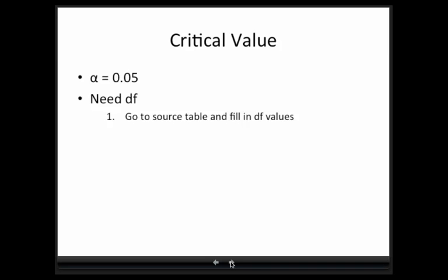The next thing that you want to do is find your critical value. So with an alpha of 0.05, you will need that information plus your degrees of freedom to find your critical value in the table. So you need to go to the source table and start filling in your degrees of freedom values.